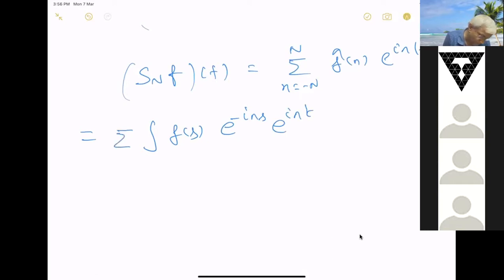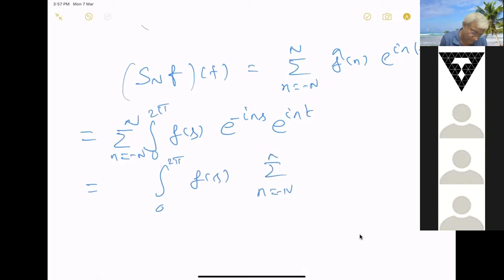And then we have a summation n equal to minus N to N. So this is equal to the integral 0 to 2 pi of f(s), with the summation n equal to minus N to N taken inside, of e^{-in(s minus t)} ds.